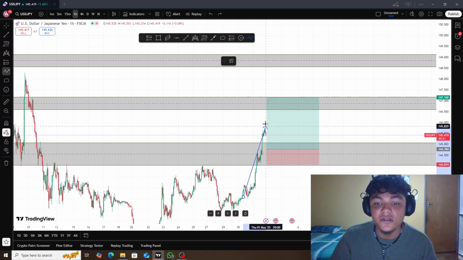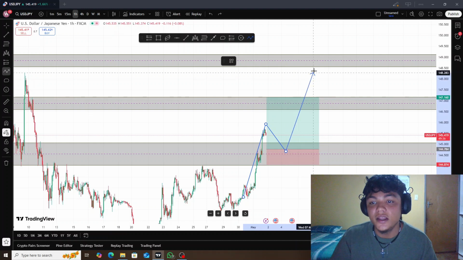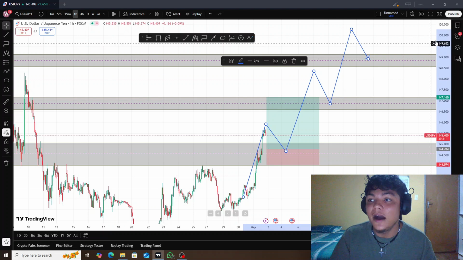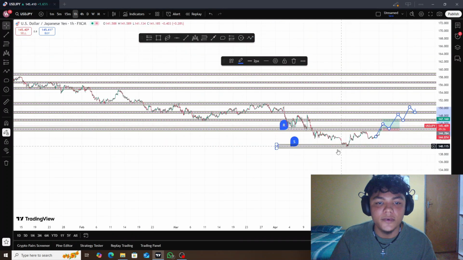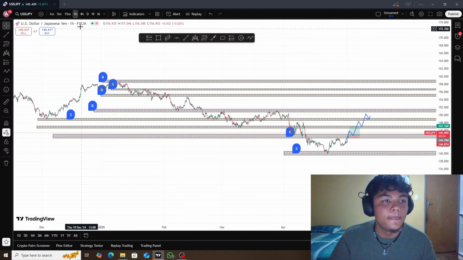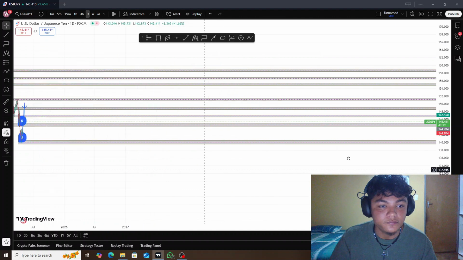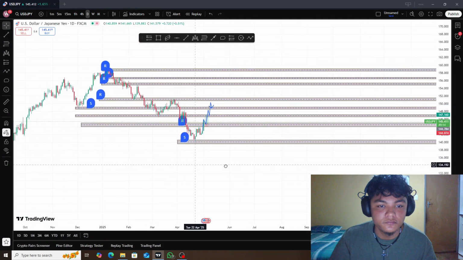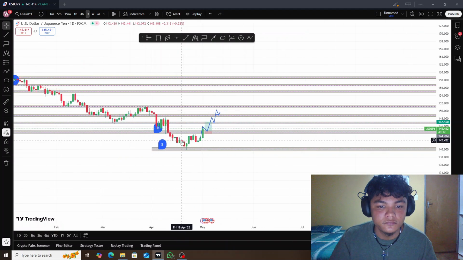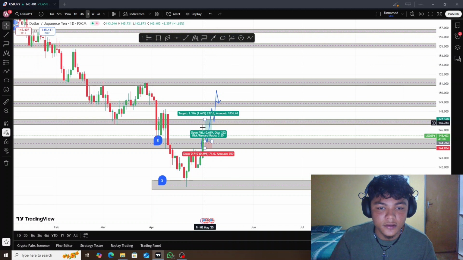It broke through the resistance, now it's just gonna retest the resistance level, and it's going to go up again, retest this level here, it's going to go up, retest this level, up until, let me see, on the daily we have the major resistance, up until this area here. No, can't be.